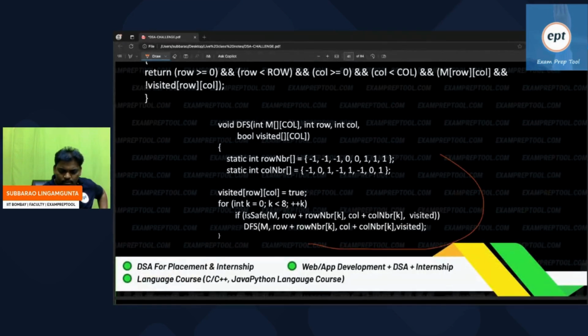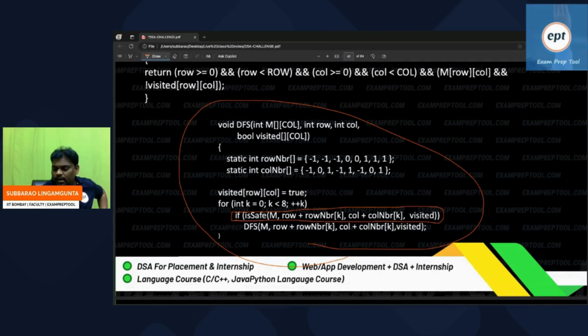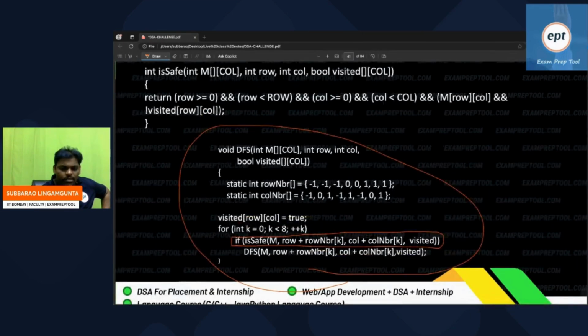Whenever the DFS algorithm is going on, first it has to check whether it is a neighbor or not, adjacent or not. If it is adjacent and it is not covered, that is adjacent and not visited, see, using this isSafe function I will calculate whether it is adjacent or not, and I will check whether it is visited or not.